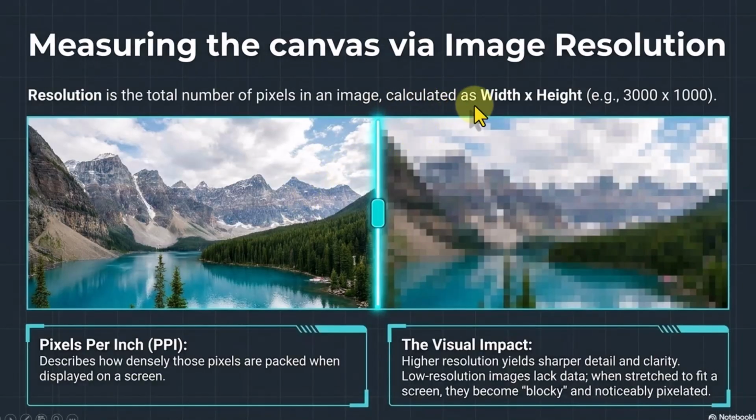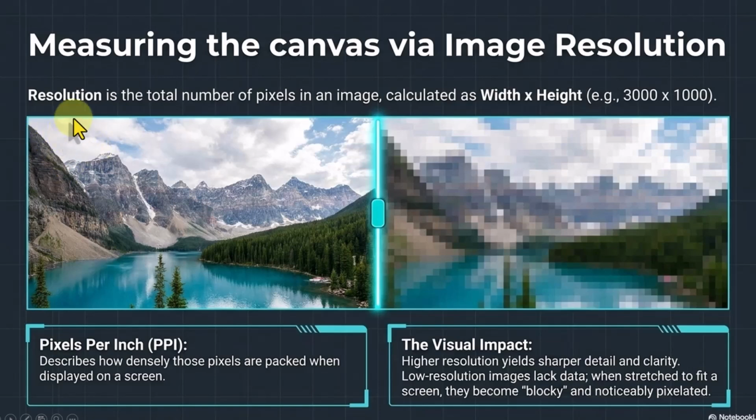Resolution is calculated as width multiplied by height, so the number of pixels in the width and the number of pixels in the height. Pixels per inch describes how densely those pixels are packed when displayed on a screen. If our pixels per inch is low, it means in 1 inch we have a lesser number of pixels.